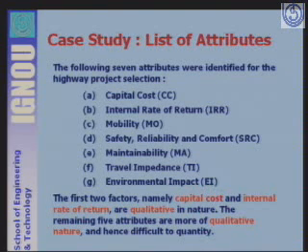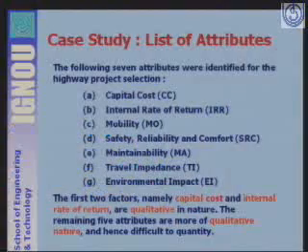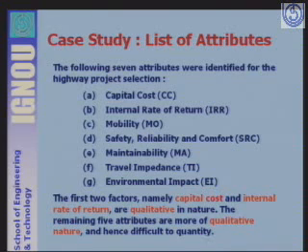I'll show you the alternative routes here, which are 5 in number. On your screen, in the attribute list, the capital cost and internal rate of return are quantifiable parameters, whereas the remaining 5, which are mobility, safety, reliability, travel impedance and environmental impact, are intangible parameters.